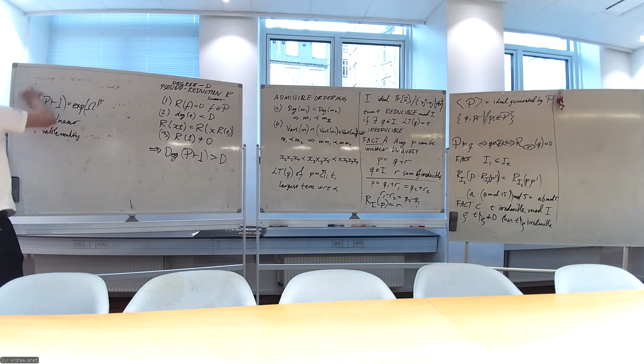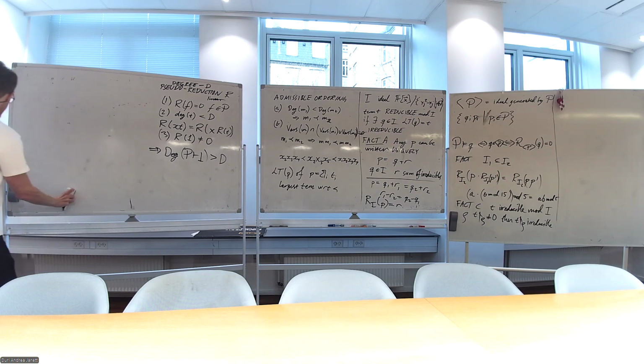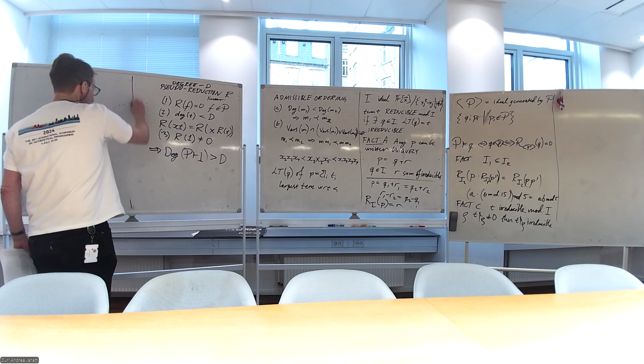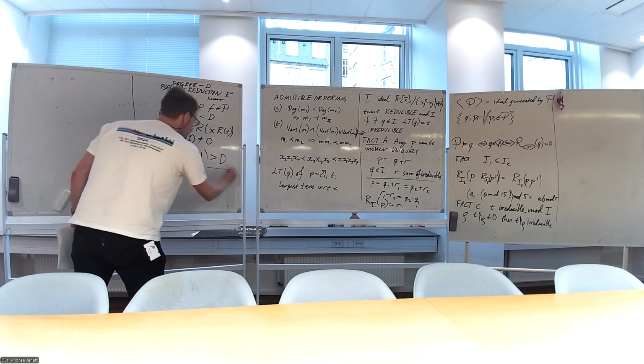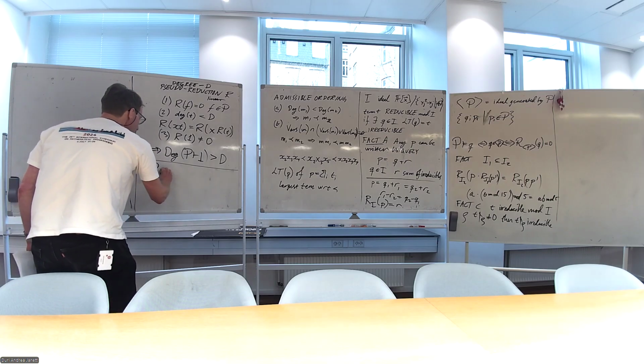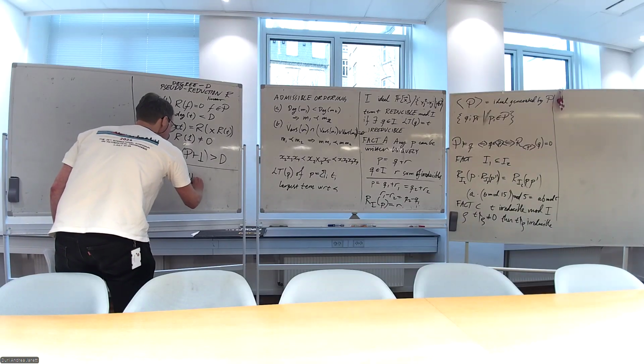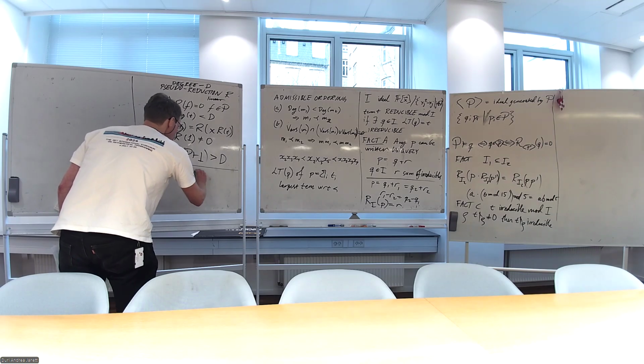Once we have this set up, what we're going to do now is, okay, so recall now that we have P, we're writing it as Q union P1 up to Pm.